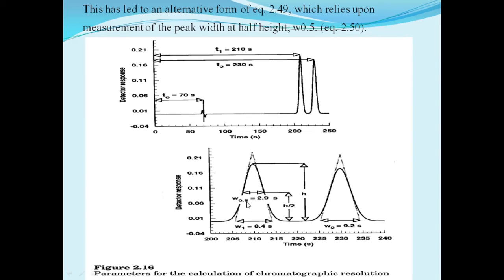Here W half, that is peak width at half height, W0.5, is 2.9 seconds. W1 is the peak width for peak 1, 8.4 seconds, and W2 is 9.2 seconds for the second peak.